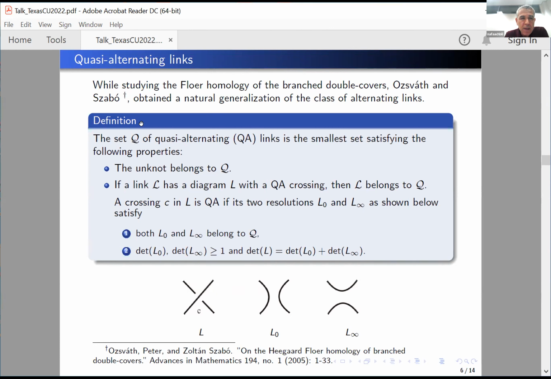It is defined in a recursive way. We don't have any other definition. The set Q of quasi-alternating links is the smallest set which satisfies the following property.